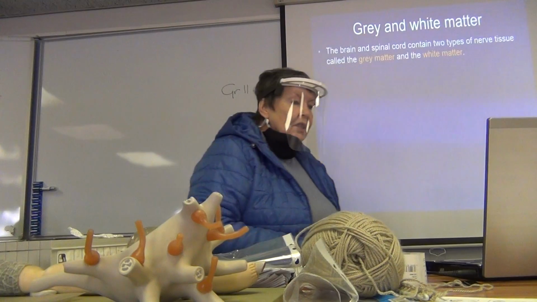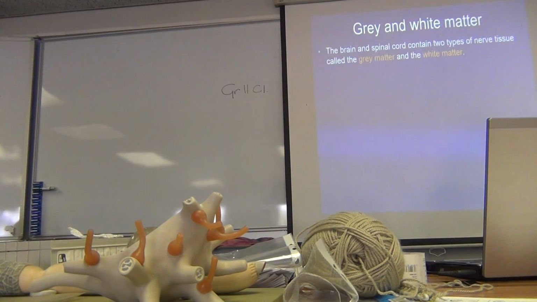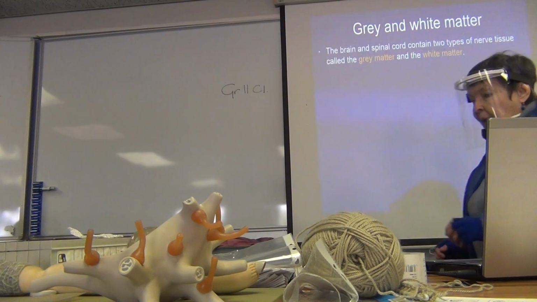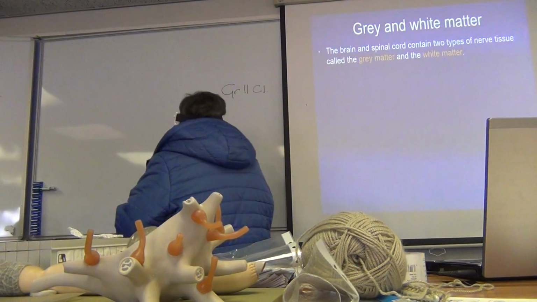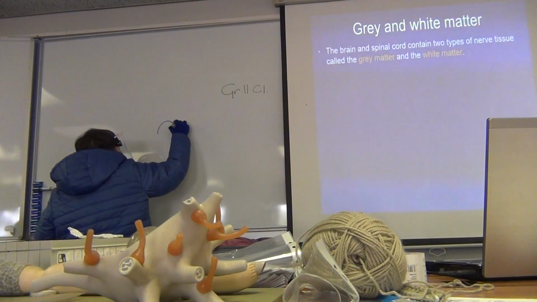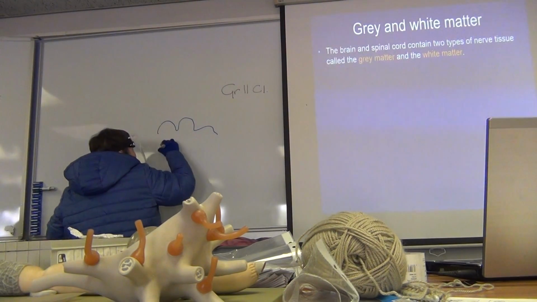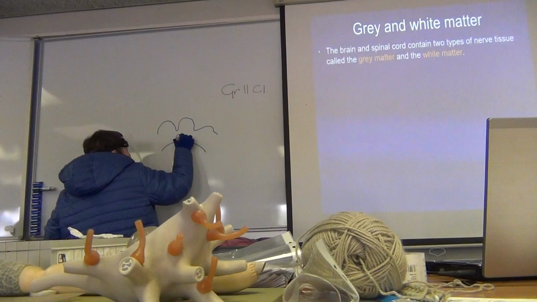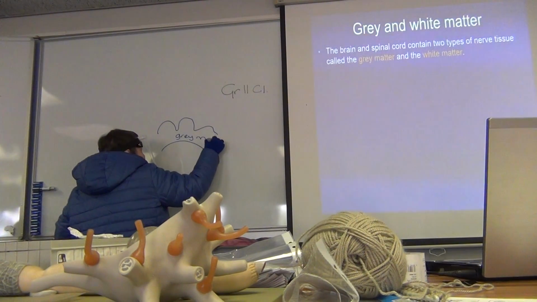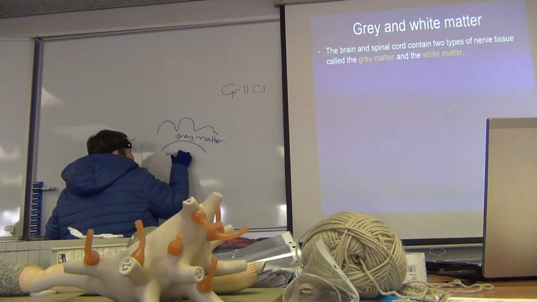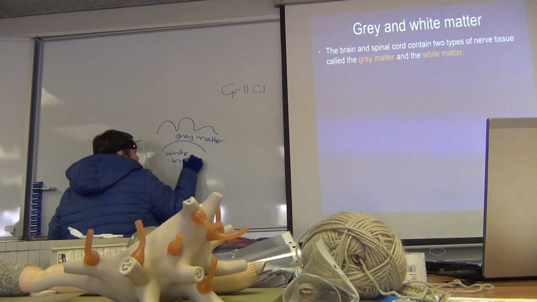If a section is taken through the brain, if I cut a section down through it, what you would see is that there's an outer layer with the fissures, and the outer region of the brain is grey matter. And the inner region of the brain is white matter.